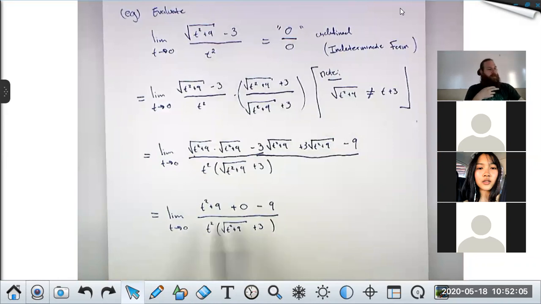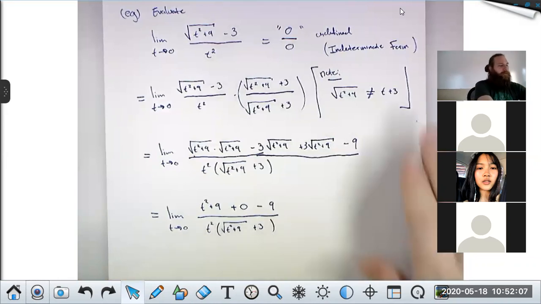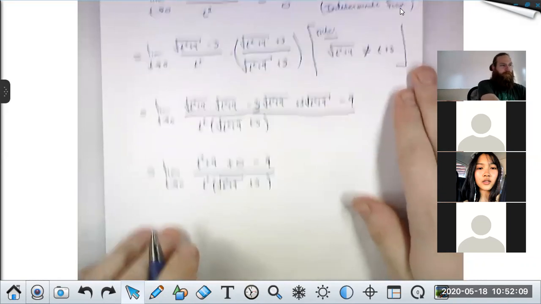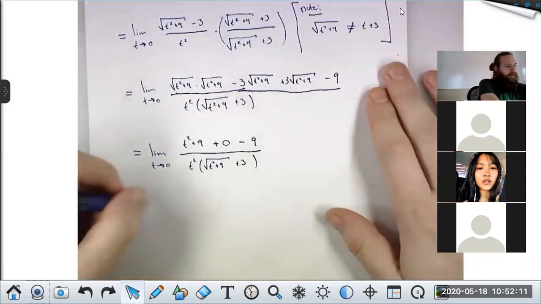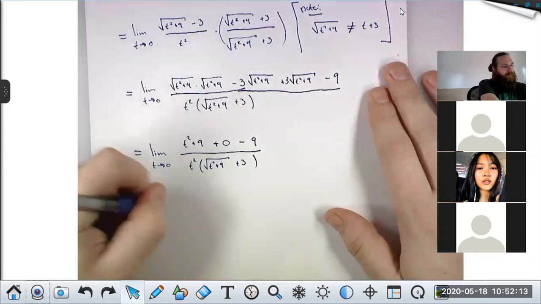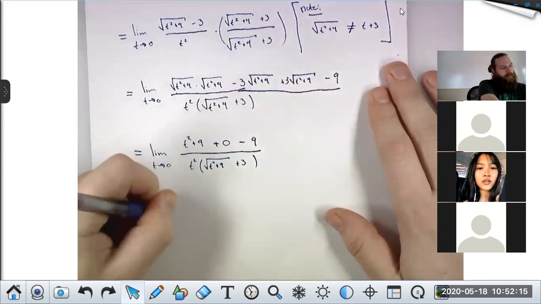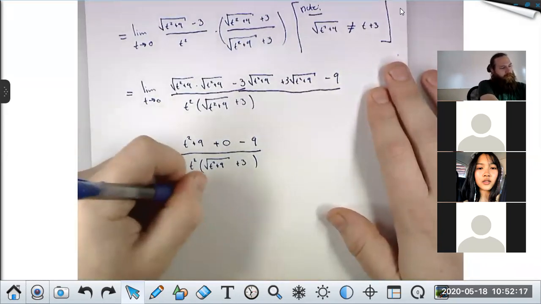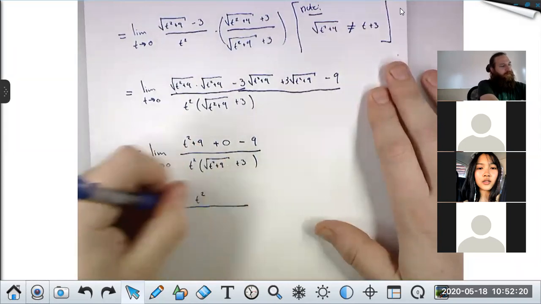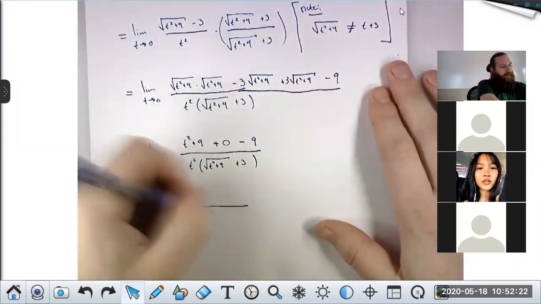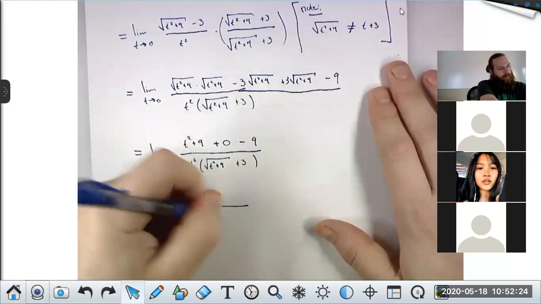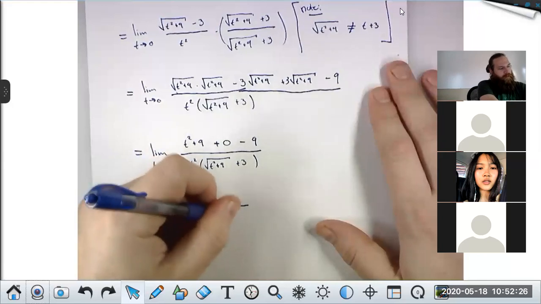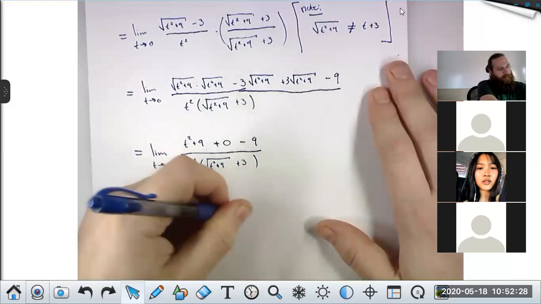Now the plus 9 and minus 9, those also add up to 0. So this is equal to the limit as t goes to 0 of t squared over t squared times the square root of t squared plus 9 plus 3.